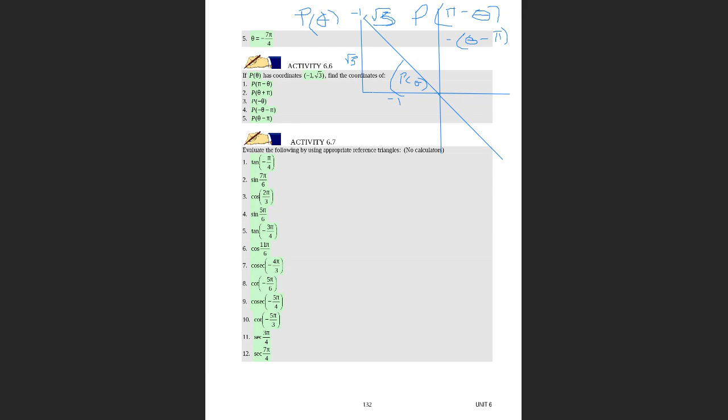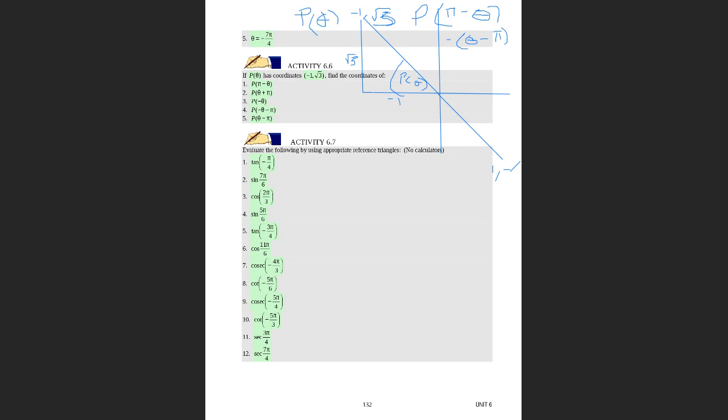You see that? In actual sense, when it is here, it is going to be 1 and negative √3. Sorry.